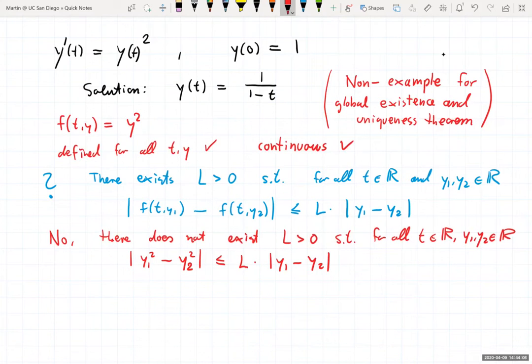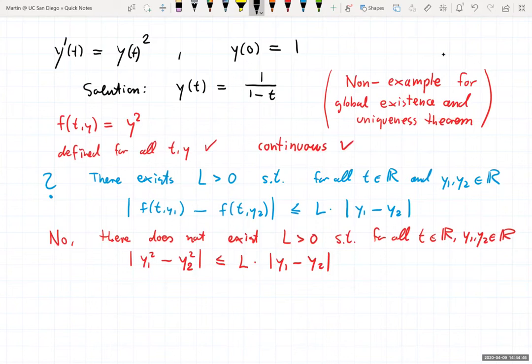So this function f of t, y is just the square of y. This does not look particularly threatening, but it does not satisfy this particular continuity condition that ensures that any solution exists for all times. And this perfectly fits in line with our observation that the solution to that initial value problem develops a singularity in finite time.